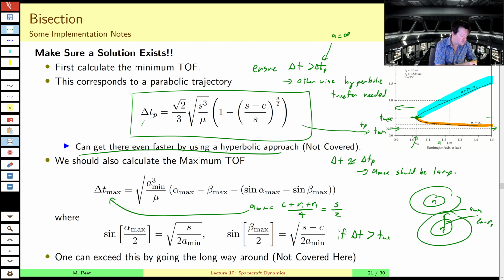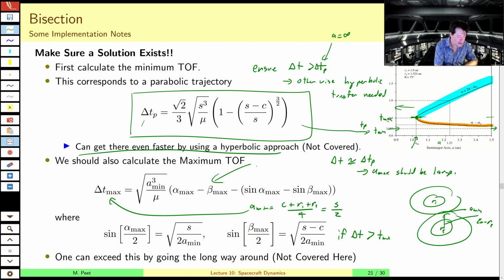Right, so again, this is just Lambert's equation. So it's calculated from alpha max and beta max, which is a very old form of VHS, which is a very old form of video recording.